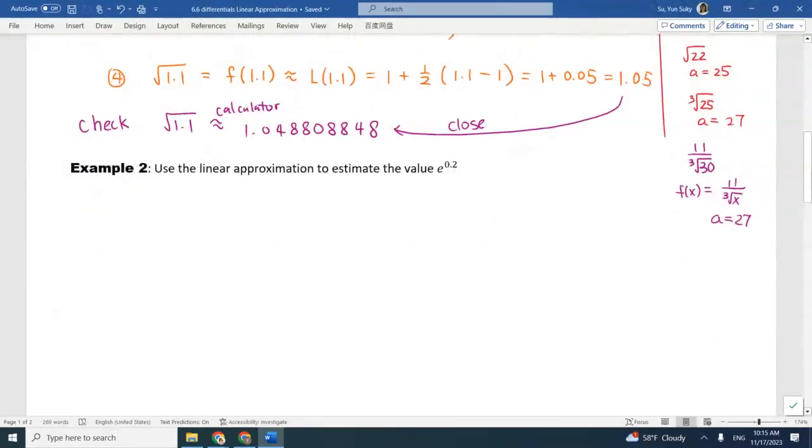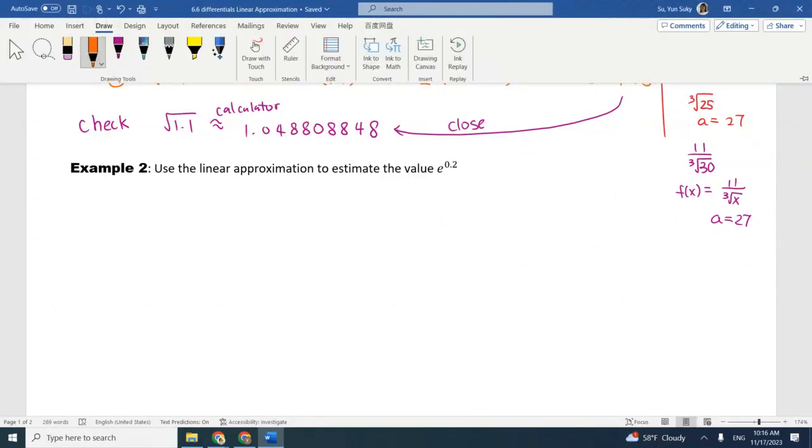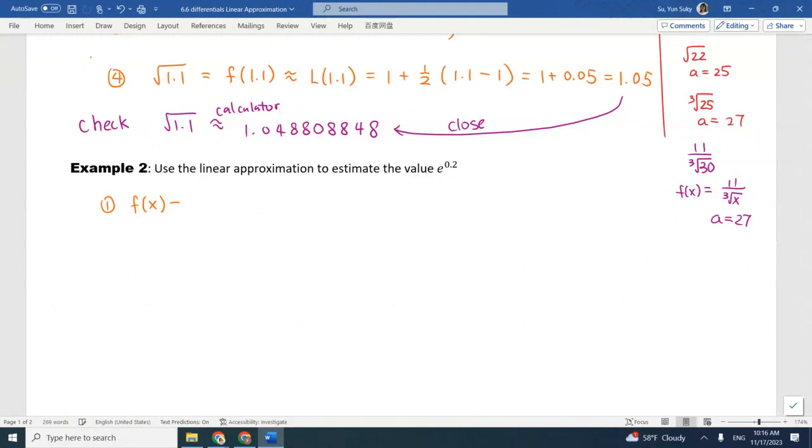Okay, number 2. Use linear approximation to estimate the value of e to the 0.2. First up, what is f of x? How do we define the function? So e to the 0.2. Yes, exactly.